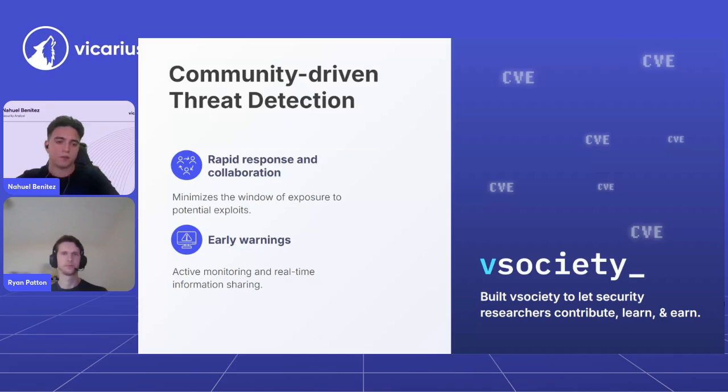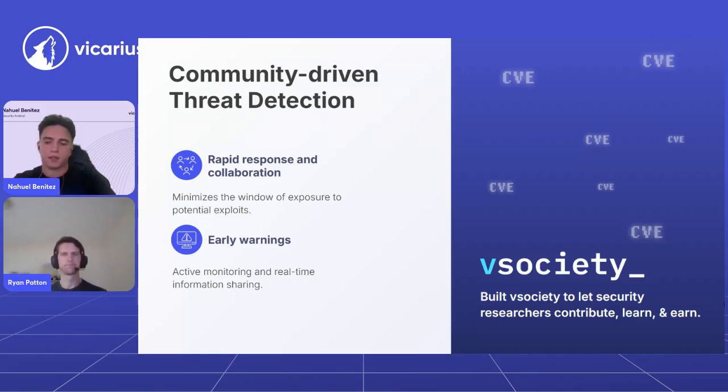That's our final goal, and that can only be achieved in a fast way with community-driven threat detection. We can only achieve it with a community that is always researching, that is always trying to communicate between them, trying to find the best way to remedy the vulnerability without patching.